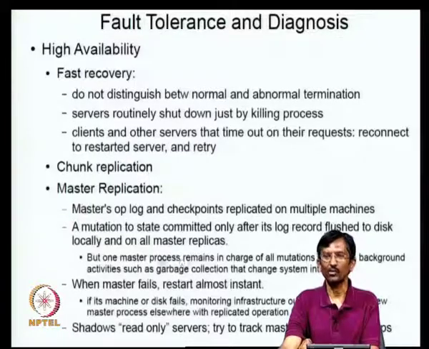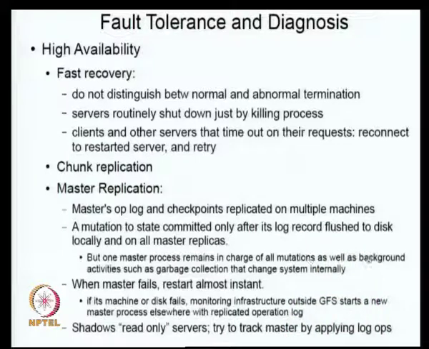The important thing, as we discussed earlier, is that one master process remains in charge of all mutations, as well as background activities such as garbage collection that change the system internally. Only one master is there. When the master fails, restart is almost instant, because you detect the failure and restart a new master process somewhere else, using the replicated operation log.